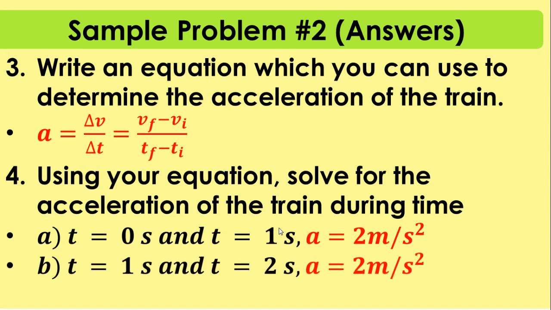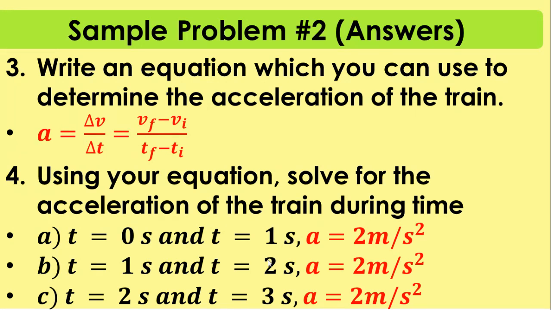Now, sa letter B, the time interval is from 1 second to 2 seconds. Now, paano po ulit natin to nakuha yung acceleration na 2 meters per second squared? We just need to substitute the velocity from 1 second and the velocity from 2 seconds to the given equation of the acceleration, and we just need to write the time indicated for the final and the initial, and we can get the acceleration as 2 meters per second squared.